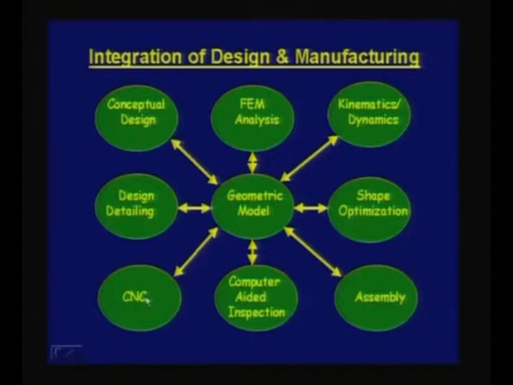In DFM and DFA, one carries out the manufacturing operation either in the real world or a virtual world, then based on the feedback tries to modify the geometry or suggest some changes so that a component can be manufactured in a more optimum manner. So, all the activities pertaining to design and manufacture take a geometry as an input or return the modified geometry based on certain feedback. When I am working in an environment like this, I can call it CAD CAM.